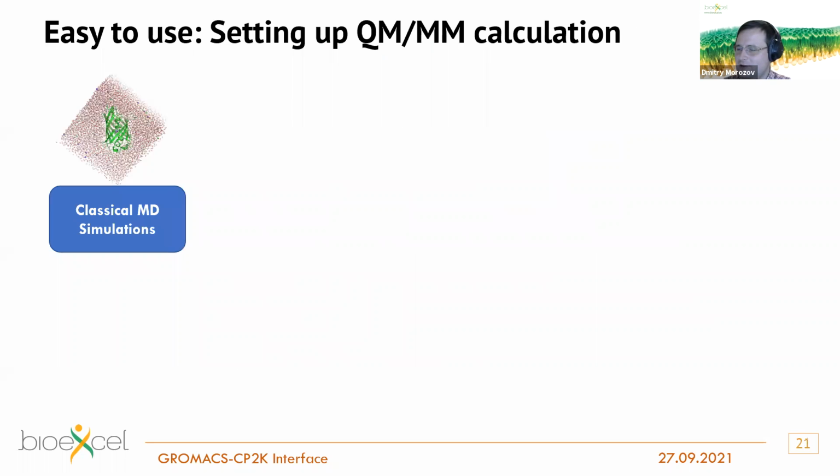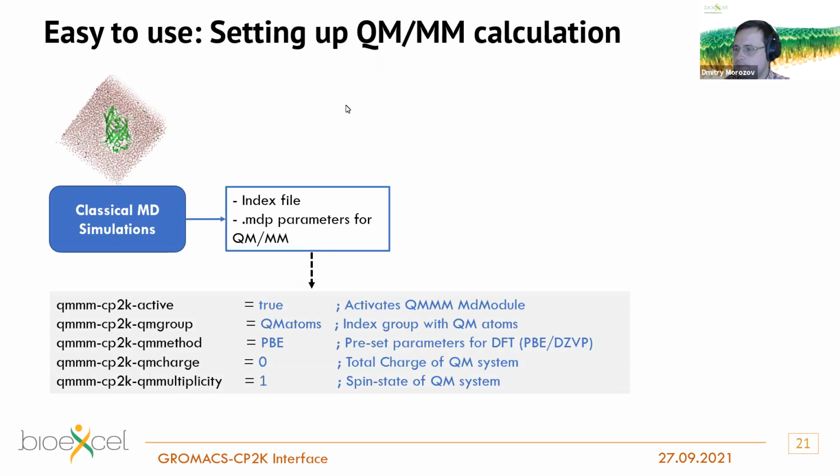So let us continue then to some examples. How the setting up of a QM/MM calculation looks like now. So basically, as I said previously, you have some classical MD already set up in GROMACS. Then you just put these 5 lines in the MDP file of GROMACS. This instructs that your module is active.